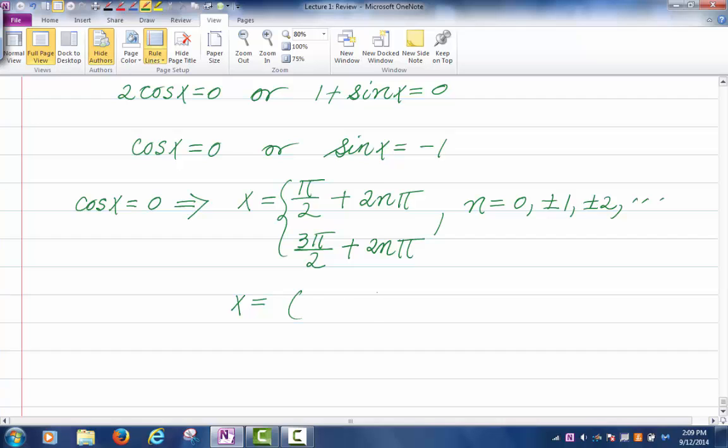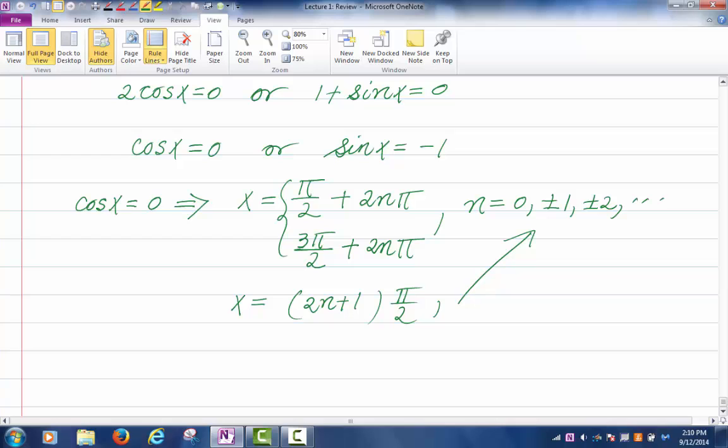So I want to write pi over 2 and multiply that by an odd number. And generally we can express an odd number by writing 2n plus 1. Here again, n could be any integer. So that's another way of expressing the same solutions, because all we want is the odd multiples of pi over 2.